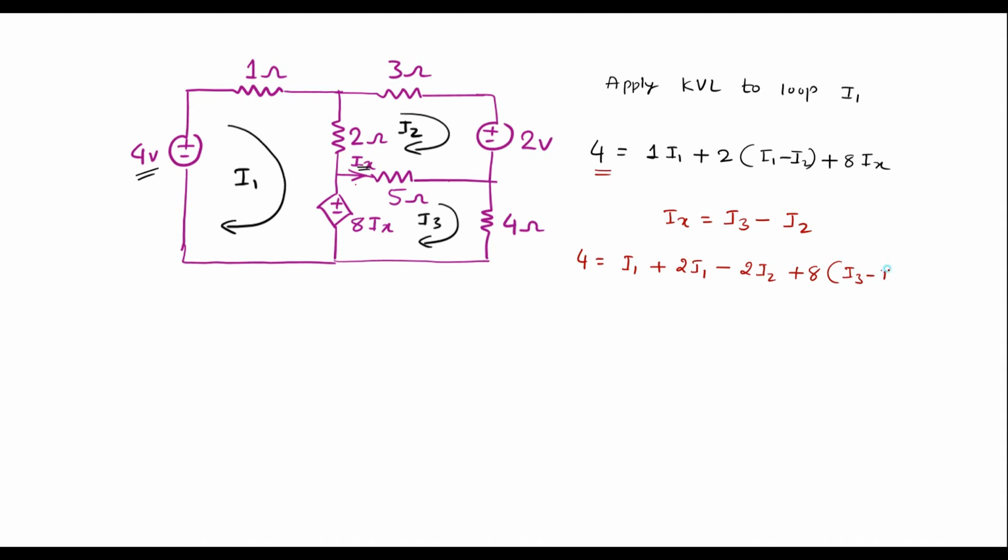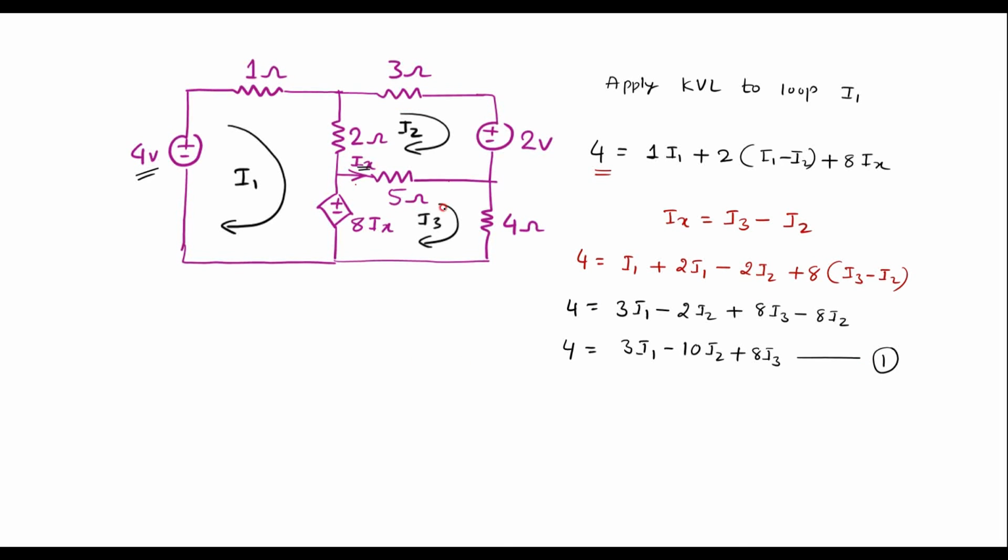So 4 is equal to I1 plus 2I1, which is 3I1, minus 2I2 plus 8I3 minus 8I2. Or I can write 4 is equal to 3I1, minus 8I2 minus 2I2, that is minus 10I2, plus 8I3. Let me call it equation 1.